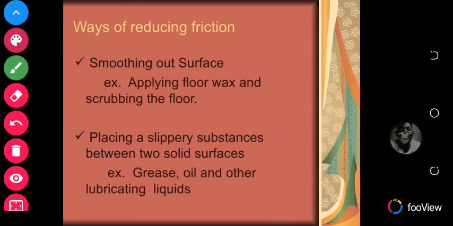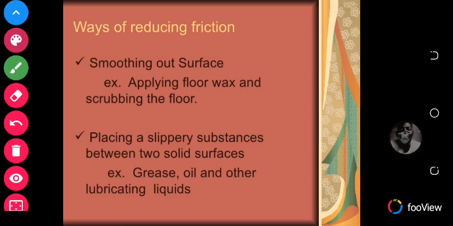Ways of reducing friction: 1. Smoothing out surfaces. Example, applying floor wax and scrubbing the floor. 2. Placing a slippery substance between two solid surfaces. Example, grease, oil, and lubricating liquids. So if you want to reduce friction, usually smoothing out the surface is one good way.